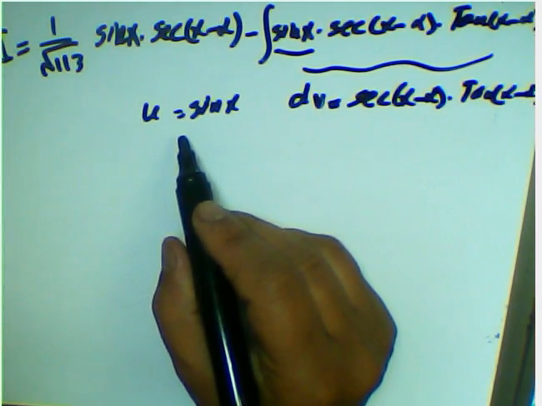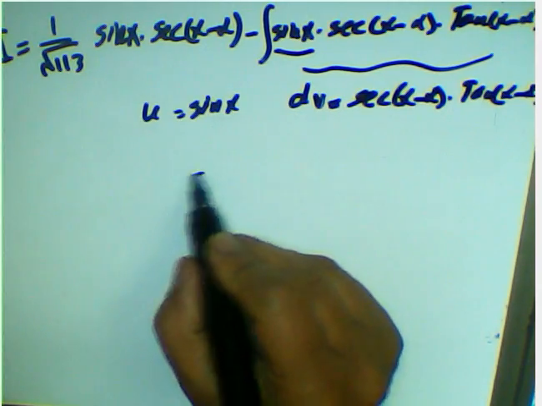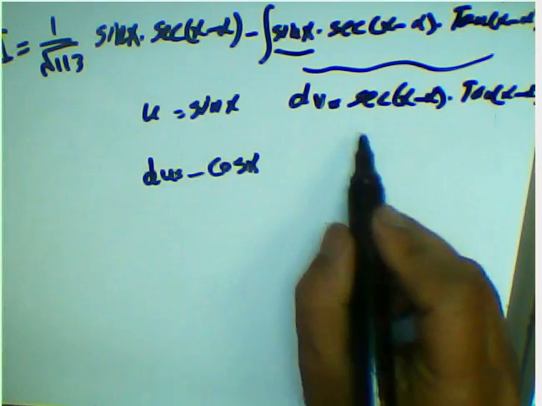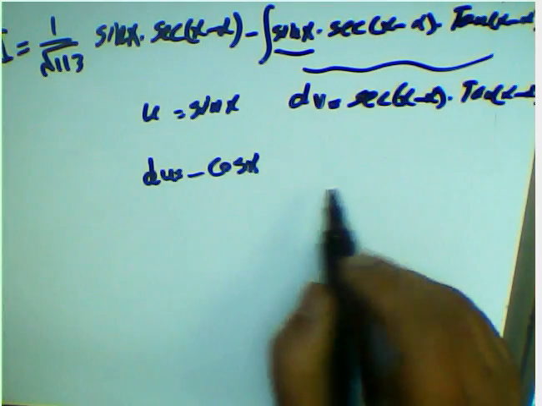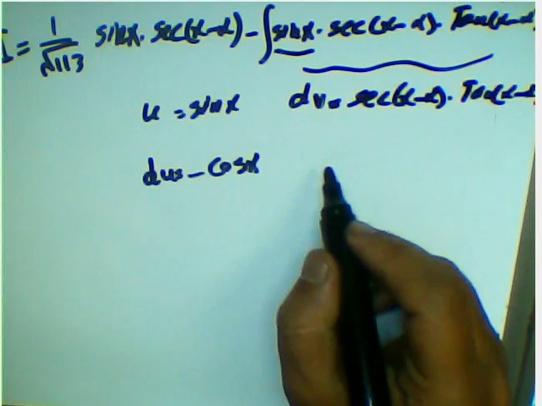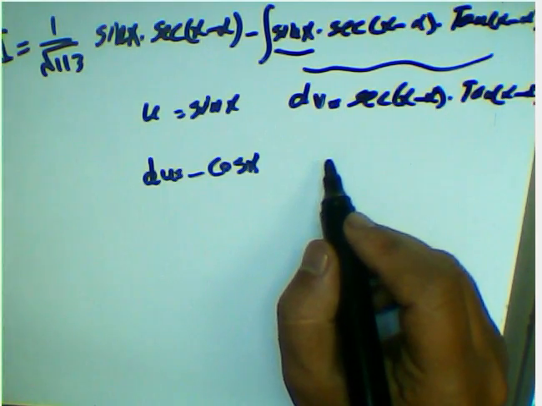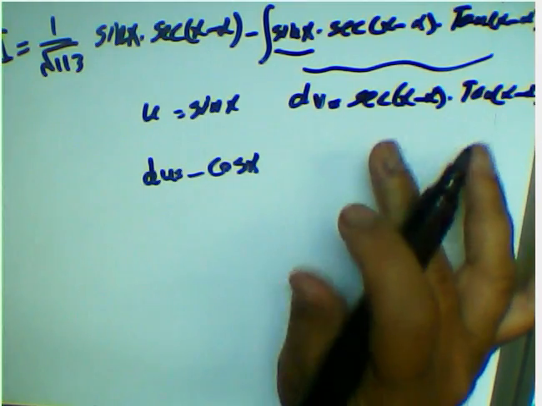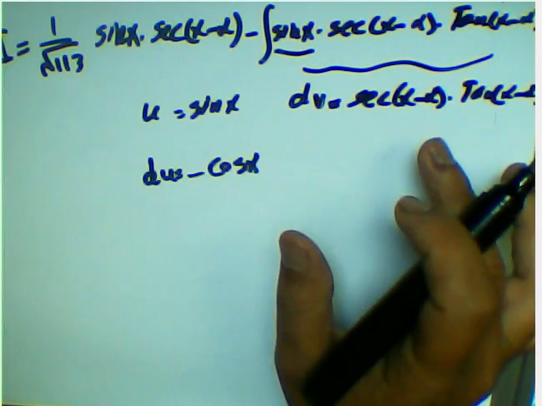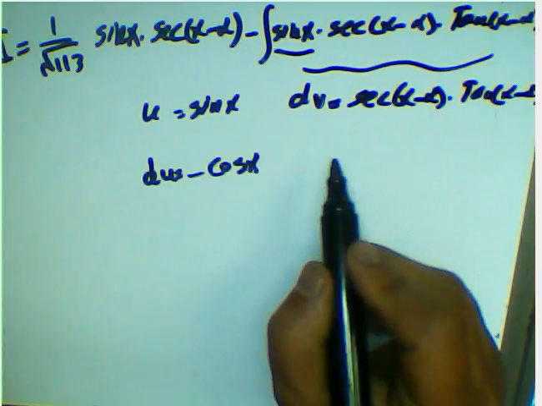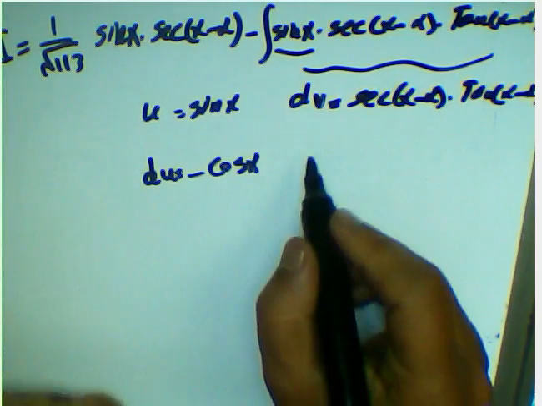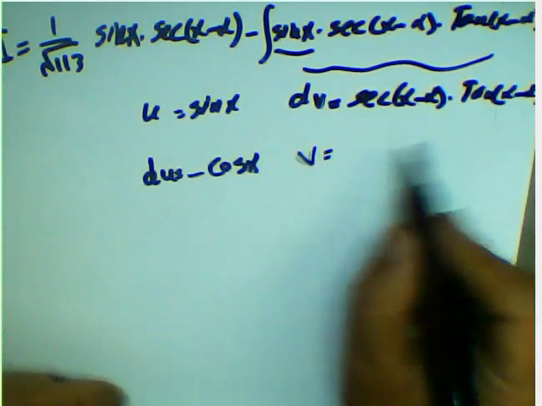The derivative of this function will be cosine x, it will be du, and the integration of sec tan will be sec. Sec tan, it will be sec. Okay, the integration of sec tan will be sec.